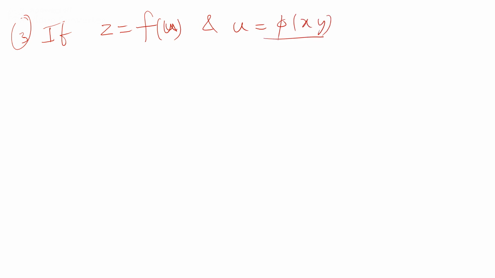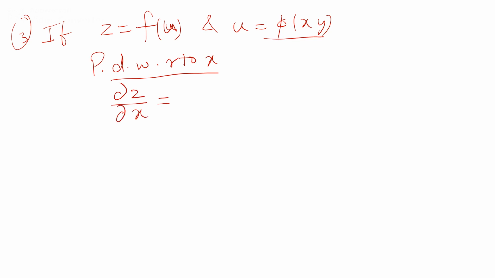And suppose z is a function of u, and u is a function of x and y, and we want to take a partial derivative with respect to x. Then we write del z upon del x.